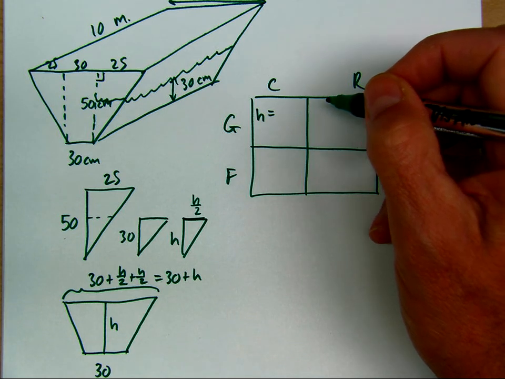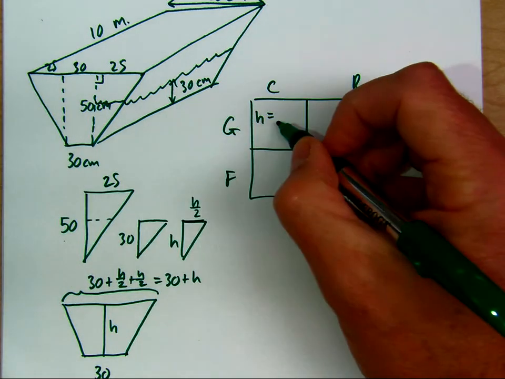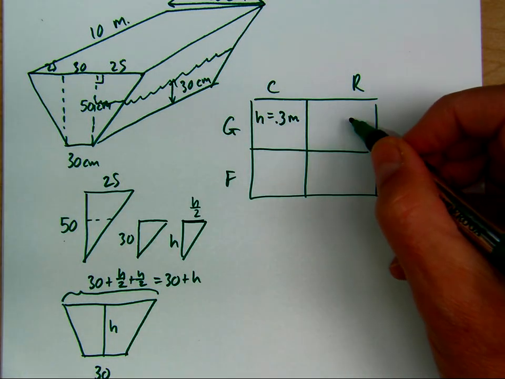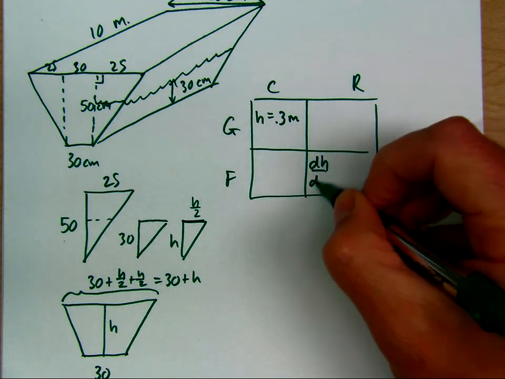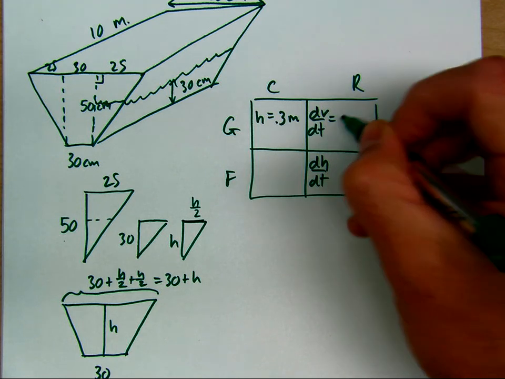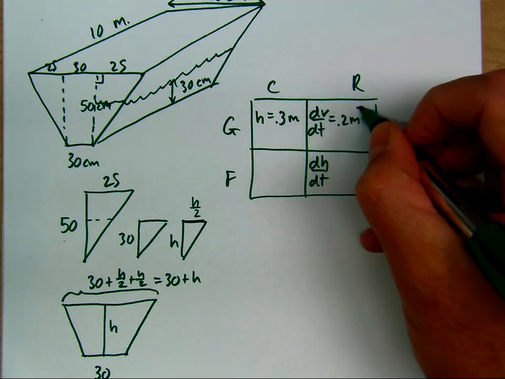So instead of writing the height being 30, I'll write the height of 0.3 meters. And then the rate. Find the rate of change of the height. And we have the rate of change of the volume. Volume is 0.2 meters cubed per minute.